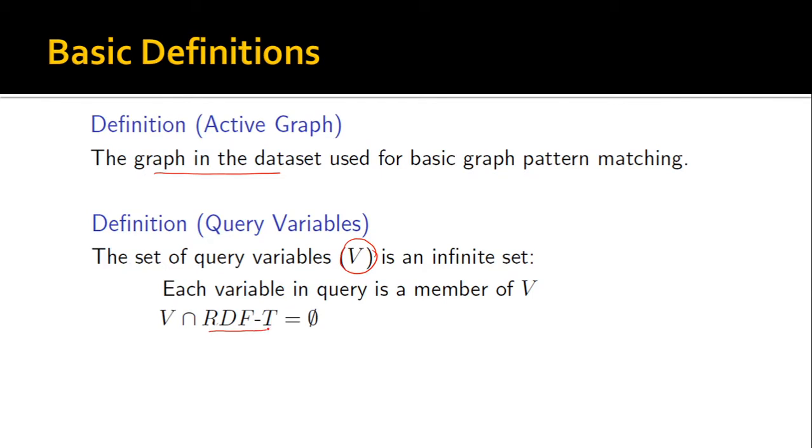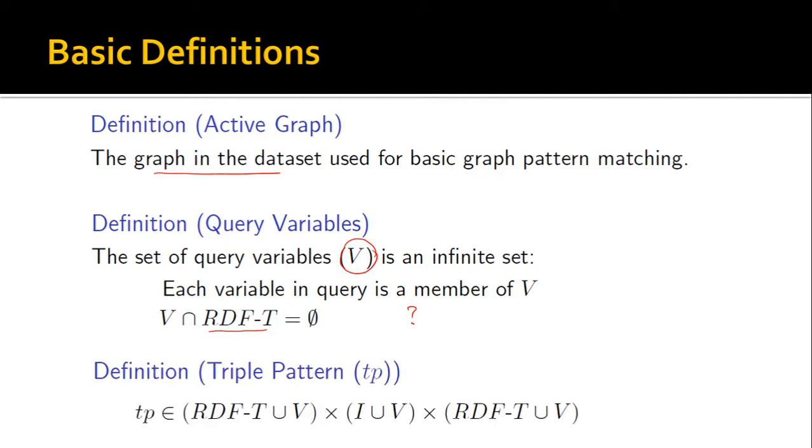So you cannot really take any member of the RDF terms to represent a variable, because we know that variables always start with a question mark, whereas RDF terms do not start with this question mark, right?